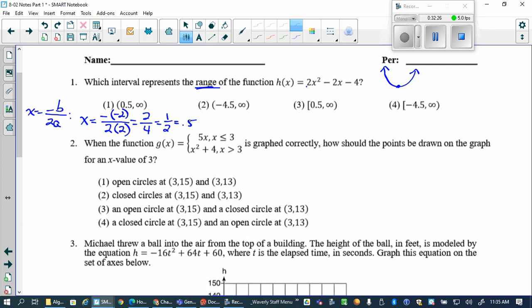Well, that's x, but range is the y, so we need the y value for the vertex, right? How are we going to find that? Plug it in. Plug that in.